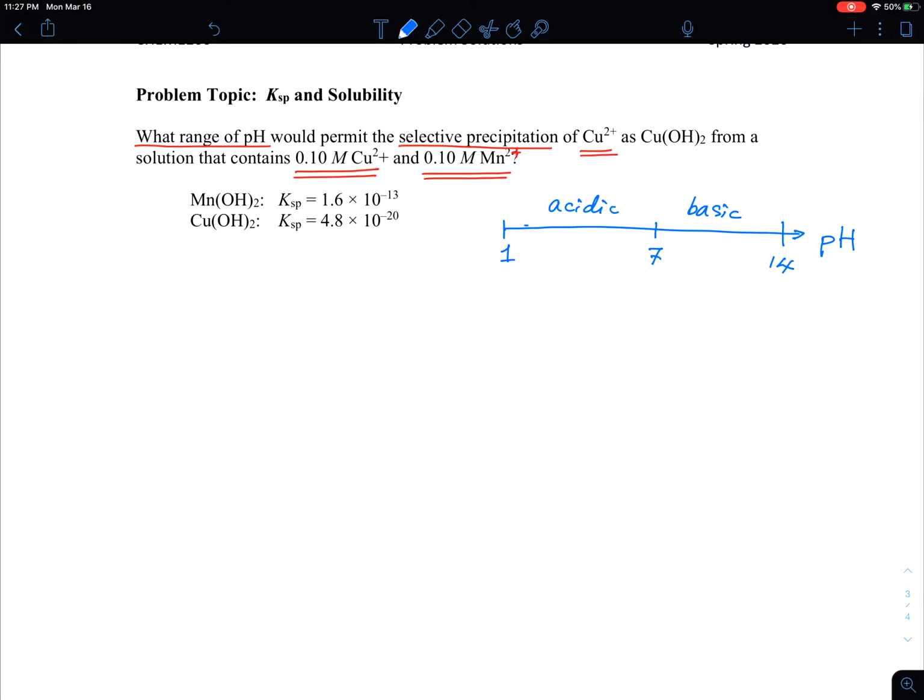Acidic means the H+ concentration is high and the OH- concentration is low, and basic means a high OH- concentration and a low H+ concentration.